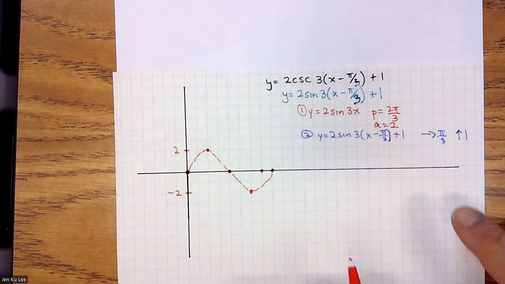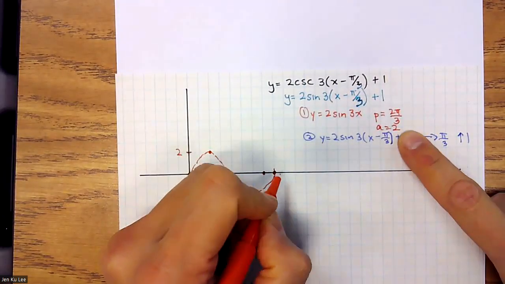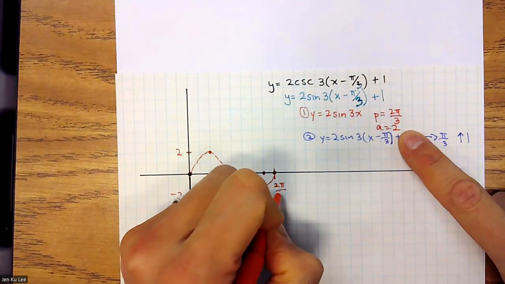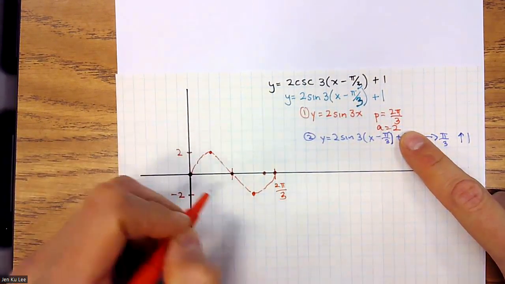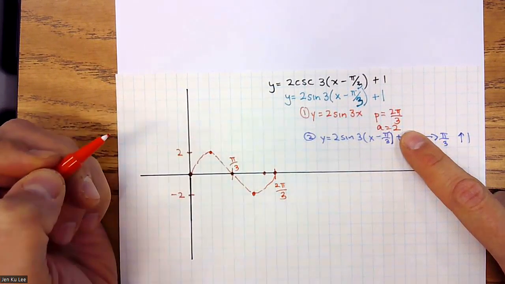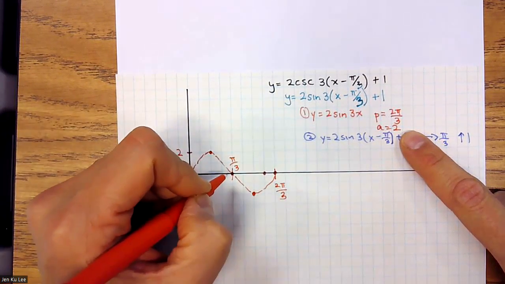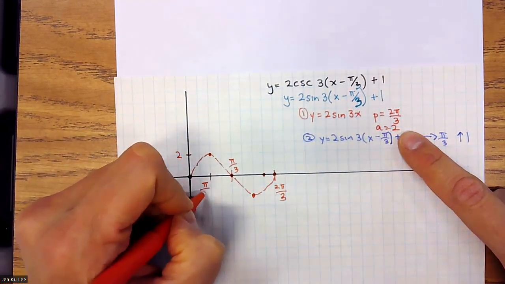Okay? Before I move it pi over 3, let's get my period. This point is 2 pi over 3. So halfway between that is pi over 3, right? 2 pi over 3, halfway is pi over 3. Halfway is pi over 6.